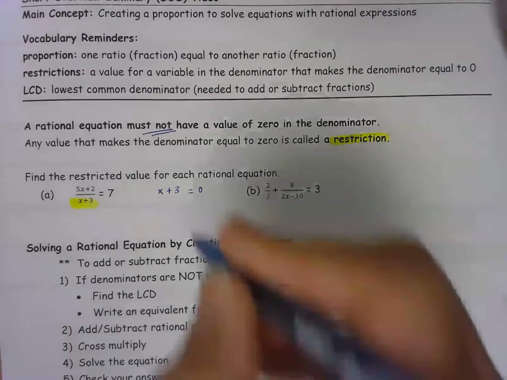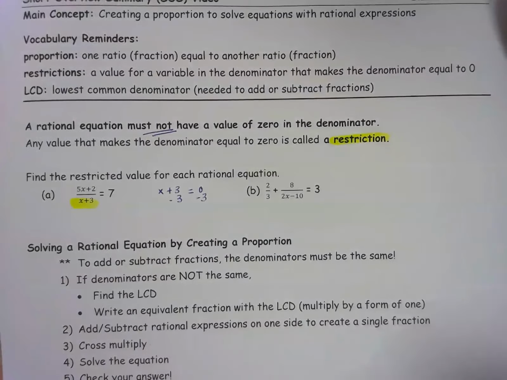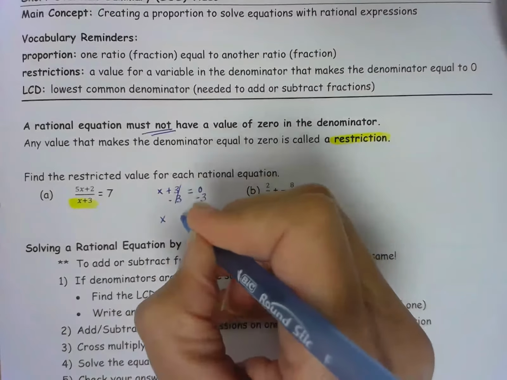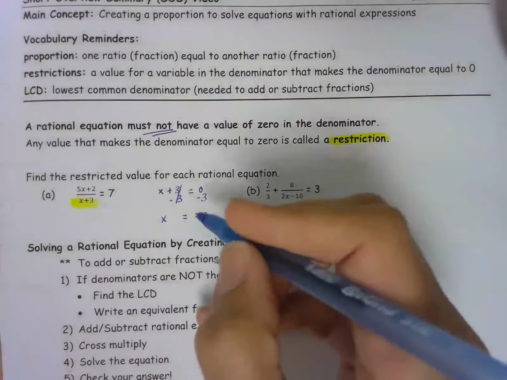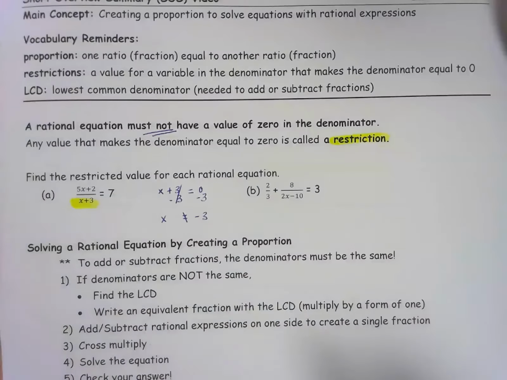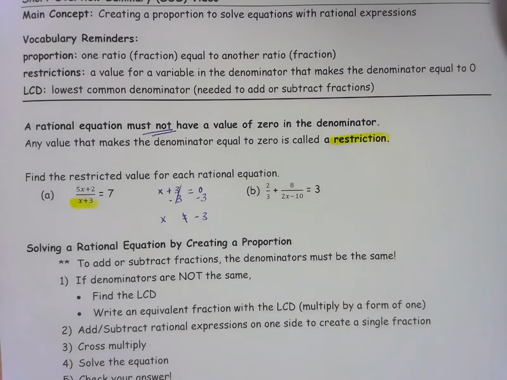So you're solving for x. I subtract 3 from both sides, subtraction property of equality, and I have x equals -3. That would be my restriction.